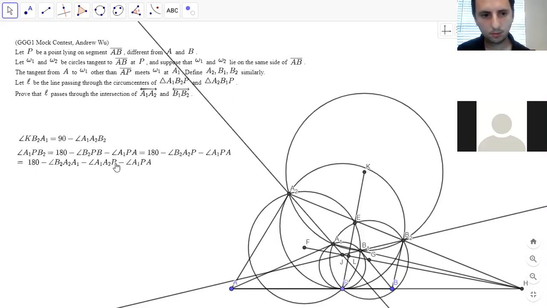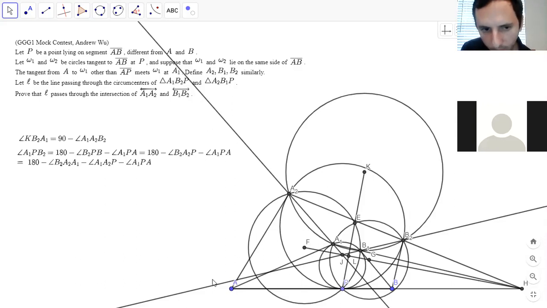So we need to prove that A1 A2P and A1 PA together total 90 degrees.